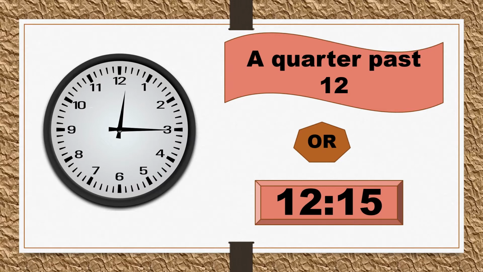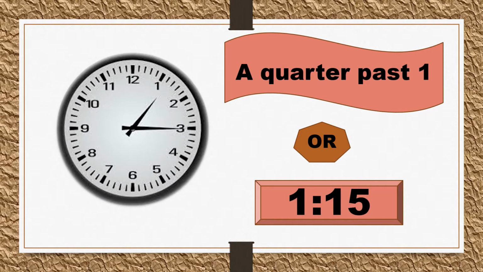When the minute hand is at 3 and the hour hand is a little after 12, we say that the time is a quarter past 12. Children, we write it as a quarter past 12 or 12:15.